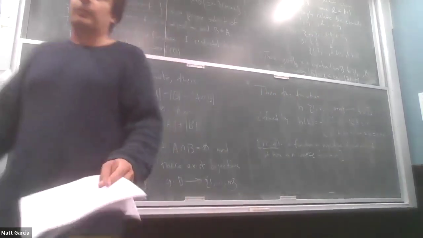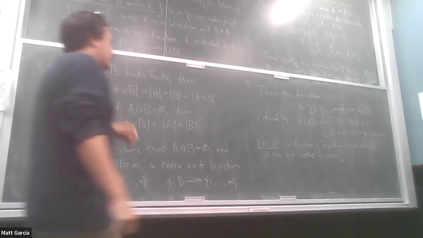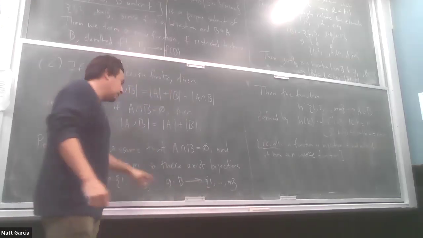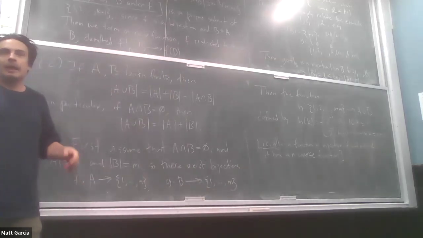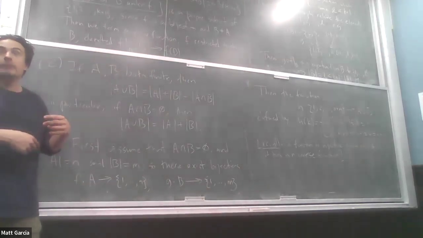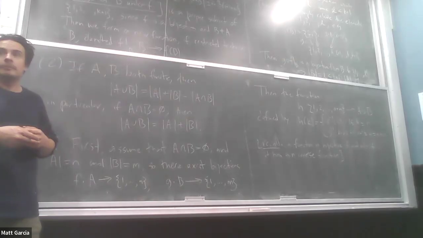We proved this when we first described what it meant to be a bijection, namely that we are both injective and surjective. And then we showed that these are exactly the functions for which an inverse function exists. So since f and g are both bijections, I can come up with an inverse function for each of them.